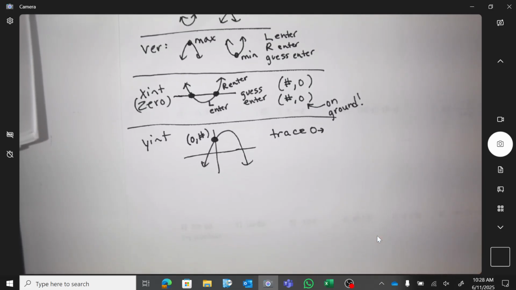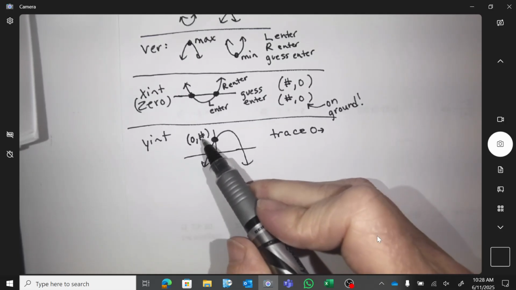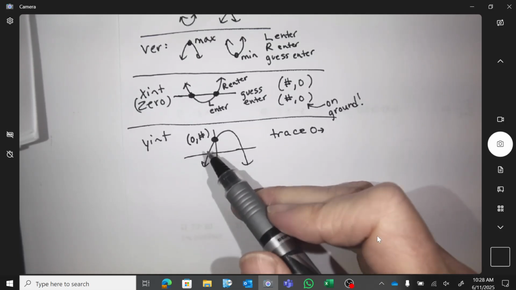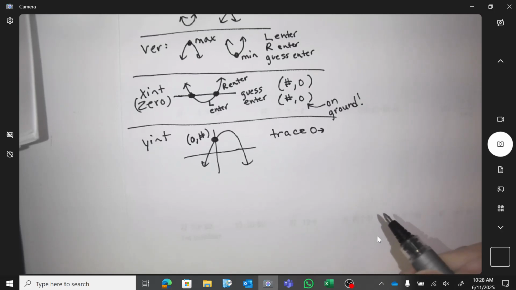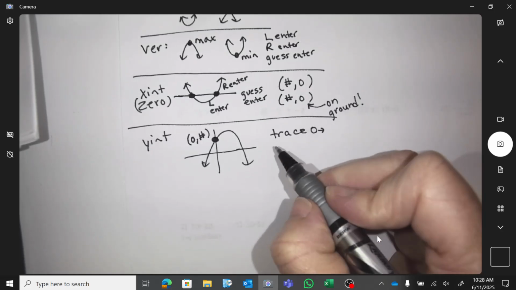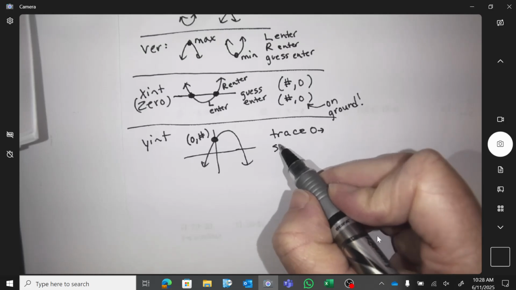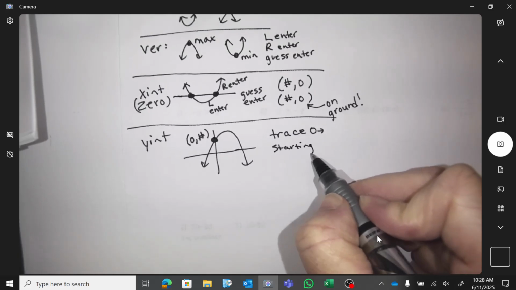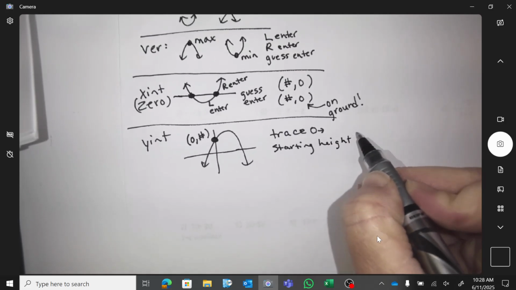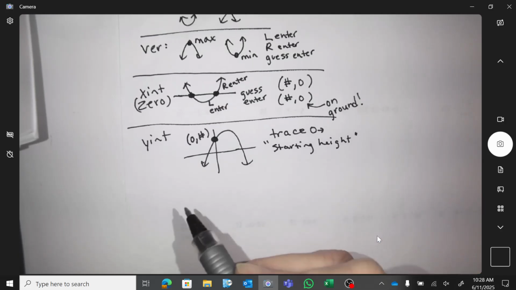Just trace 0. Okay, what would that represent in a word problem situation? What would this value, if it was like (0, 10), what would 10 represent in a word problem? 10 would be the starting height. That would mean a starting height.